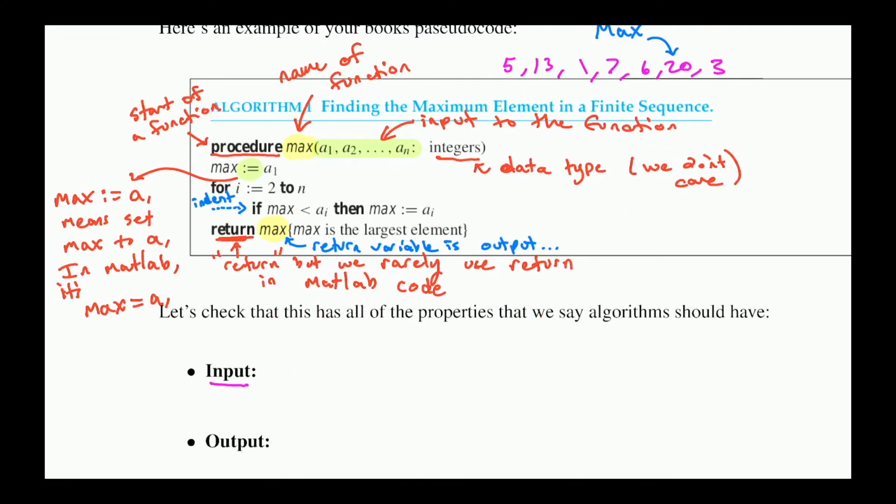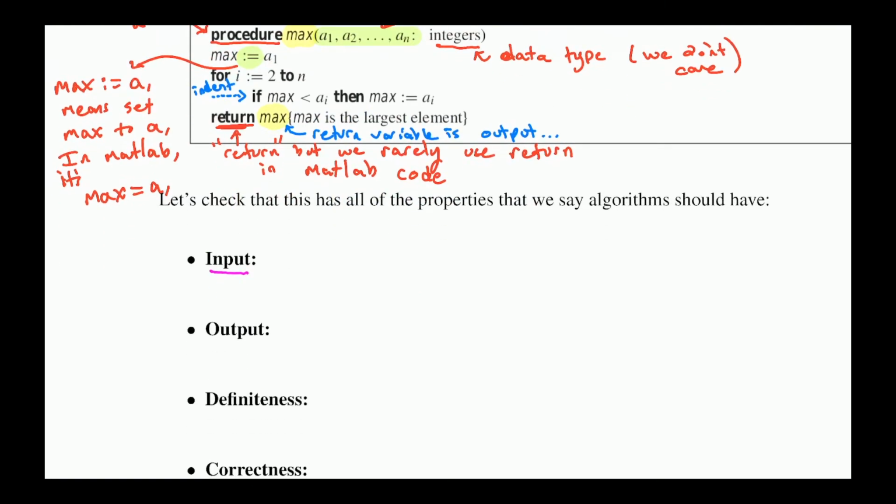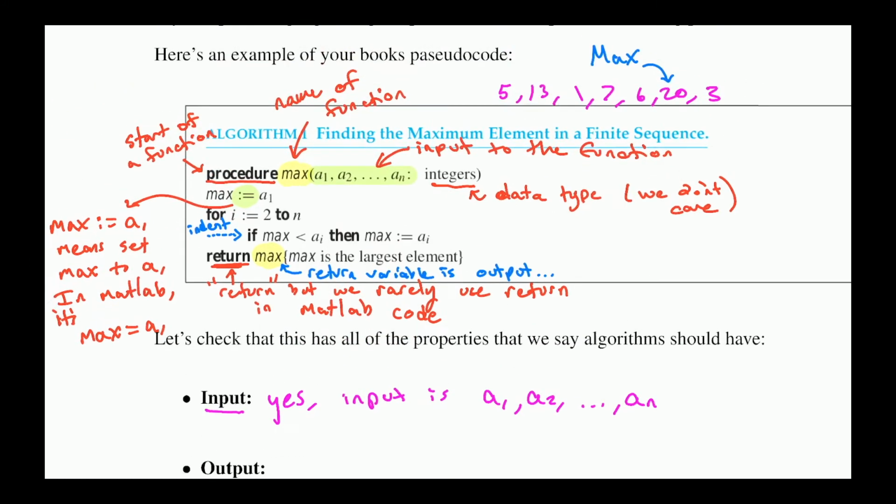We already said the input is A1 through AN, right here. So yes, it has it. The input is A1, A2, up to AN. That's the input.